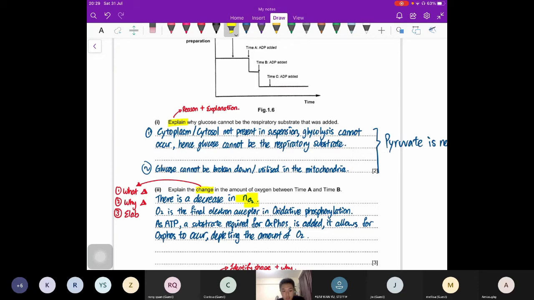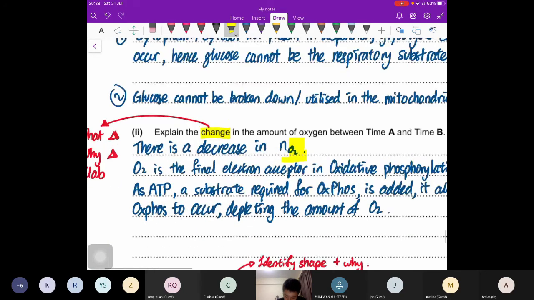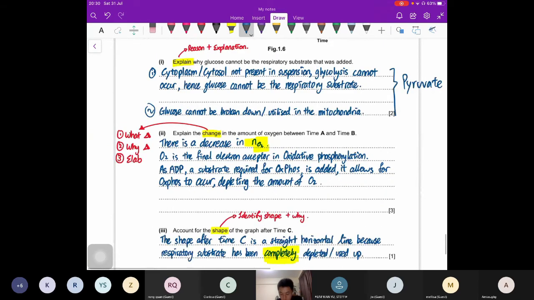So as ADP, a substrate required for OXPHOS, is added, it allows OXPHOS to occur, depleting the amount of oxygen.